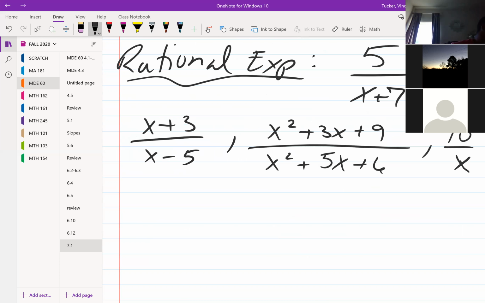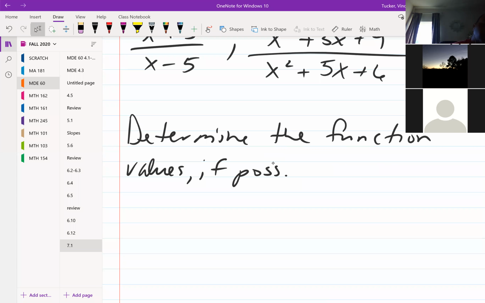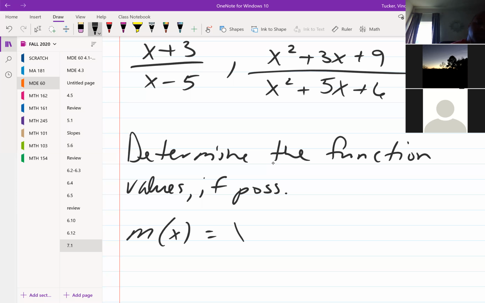All right. So the first exercise you'll see in your homework: determine the function values if possible.